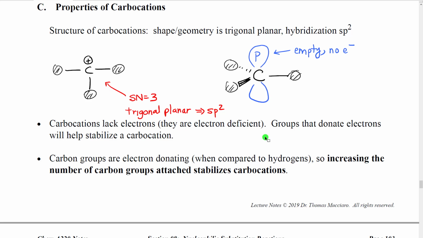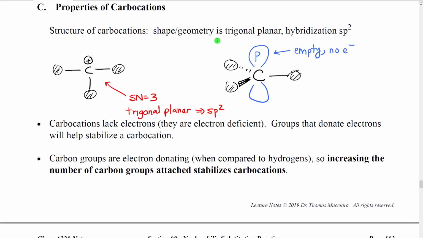If we look at a carbocation then, we can see that the carbocation would have a steric number of 3, which would make it trigonal planar. In order to be trigonal planar, it would be sp2 hybridized at the central carbon.